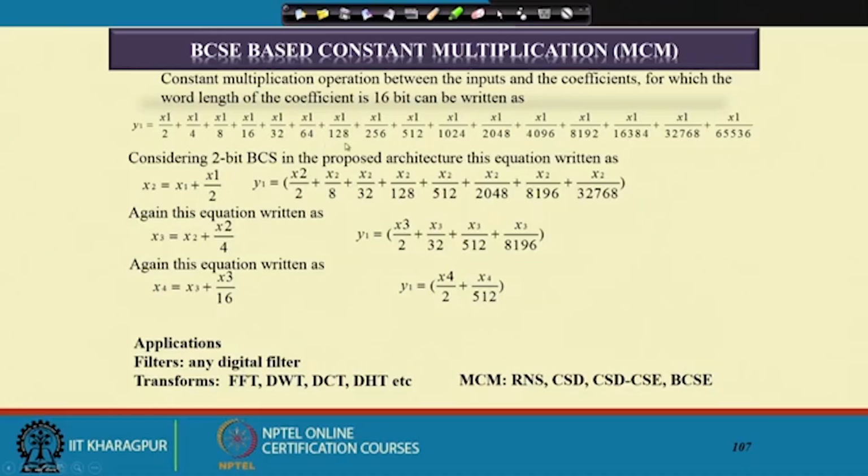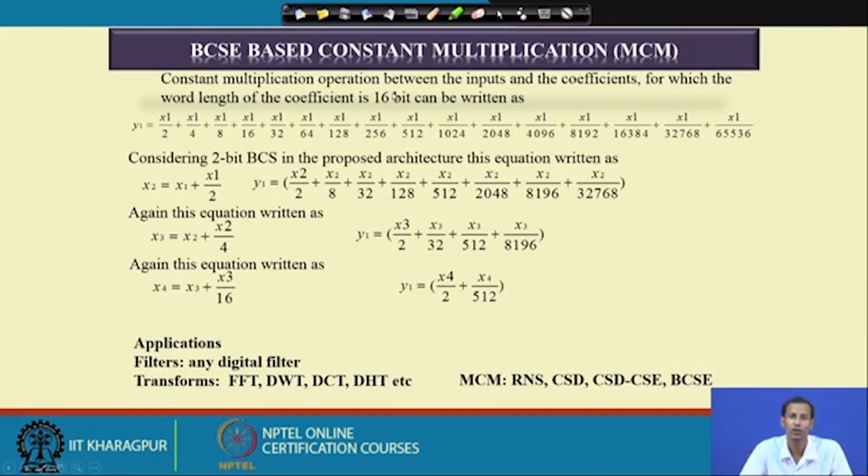So, how we can reduce this number, that we will see. Suppose in a constant multiplication operation we are having the input and the coefficient. The input is x in and the coefficient is nothing but this A, B and C. Each of these, if I consider, are of 16 bit.